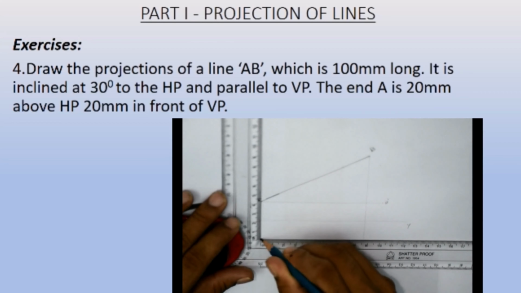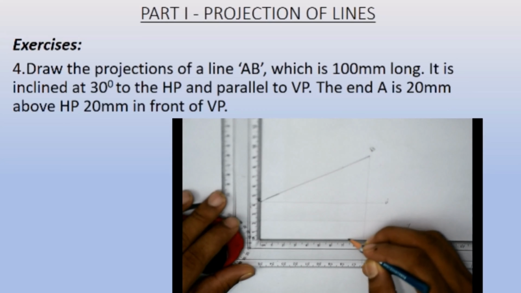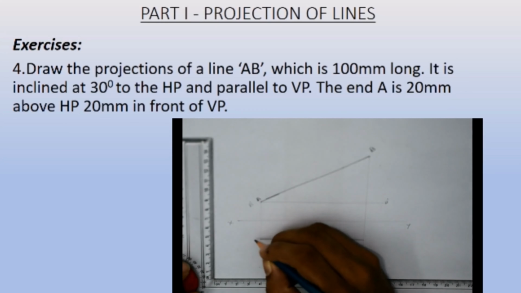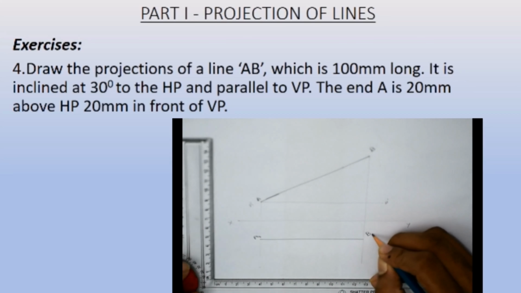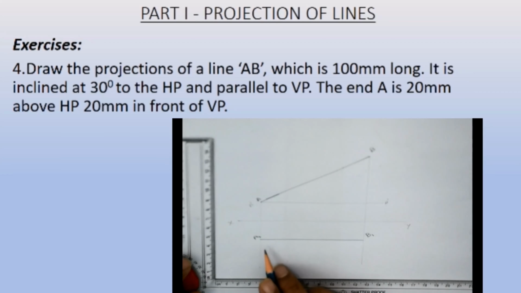So this will be your VP. Say this ends as A suffix 1 and B suffix 1, because we have taken A dash and B dash for this line first. So this is the true length in the top view.